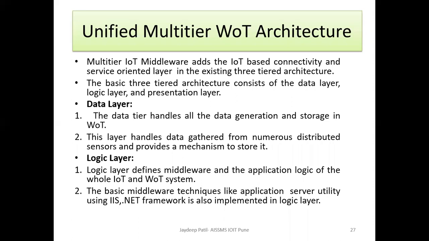We know that smart objects and devices are distributed in the field for implementing the IoT application. This logic layer consists of connectivity, application server, business intelligence, and service-oriented architecture. This is implemented using IoT-based networking techniques like M2M gateways, field bus, WSN, and SCADA. The service-oriented architecture defines how the data will be represented to different layers.